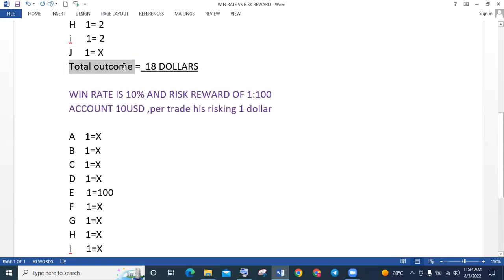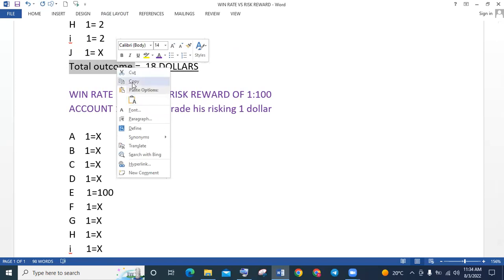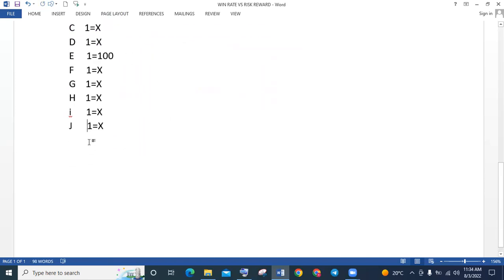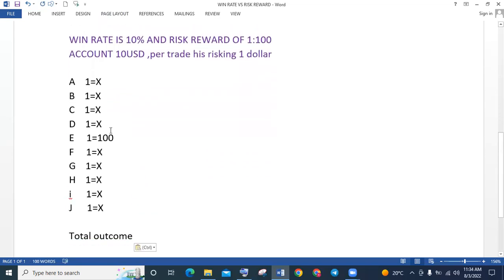So the total outcome for the next person: the only time he wins is 10%. So he's going to lose 90% of the time. He's only going to be right 10% of the time. And when he's right, when that signal wins, he's going to win 100 times.